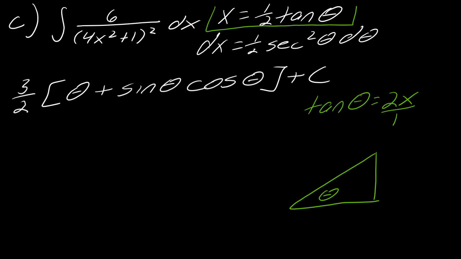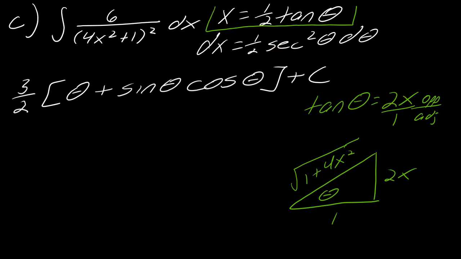I've got my SOHCAHTOA. So this is going to be opposite over adjacent. So this is 1, this is 2x, and then this will be the square root of 1 plus 4x squared.